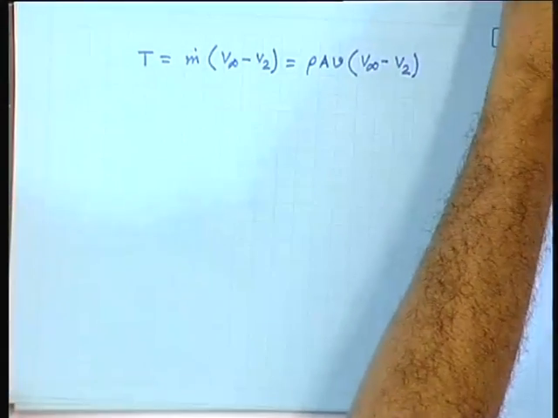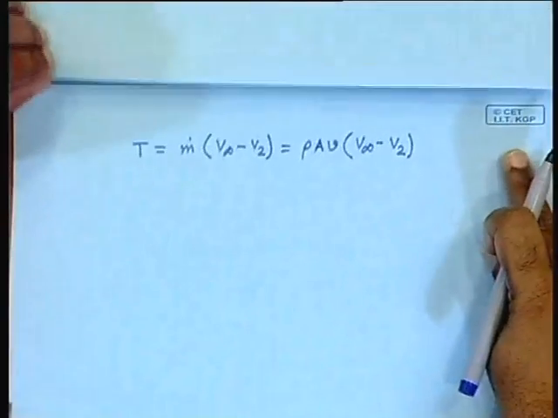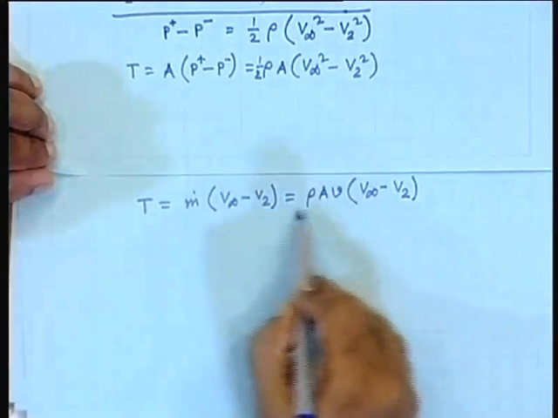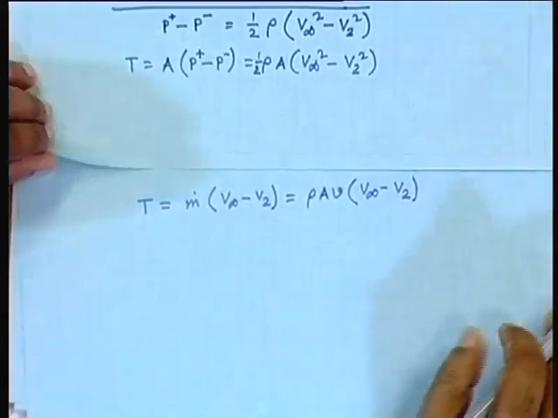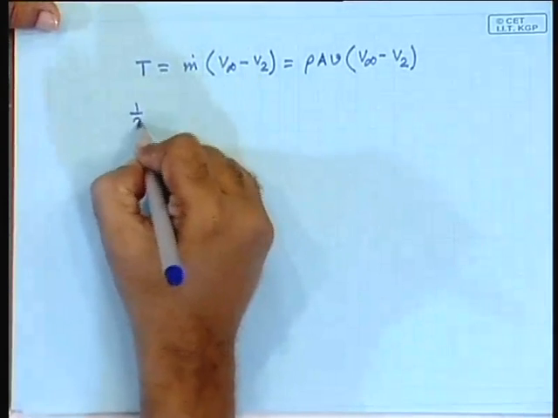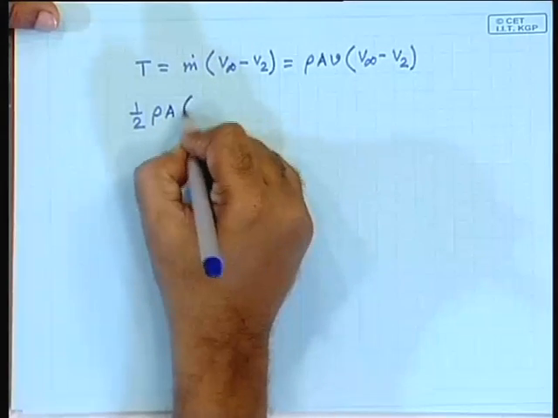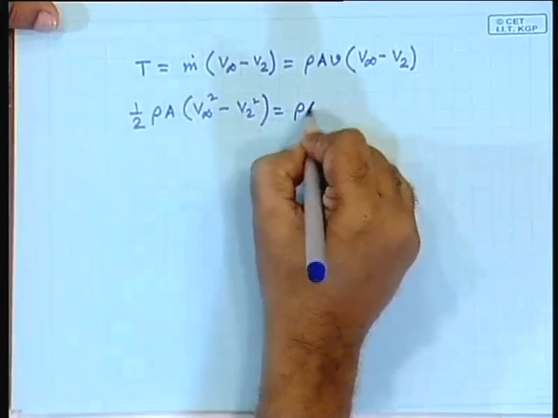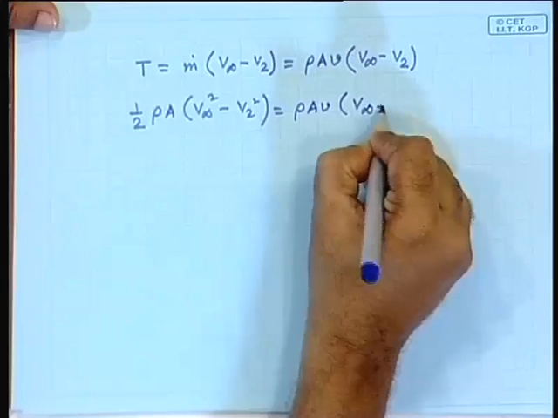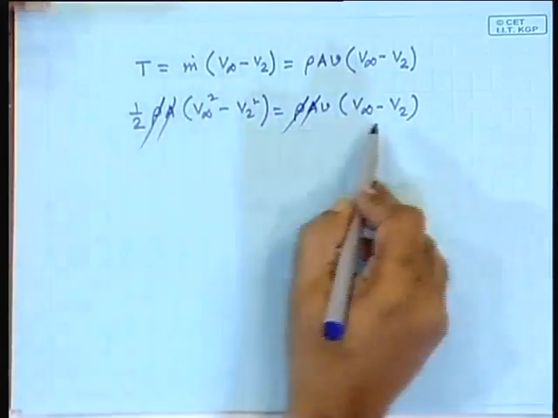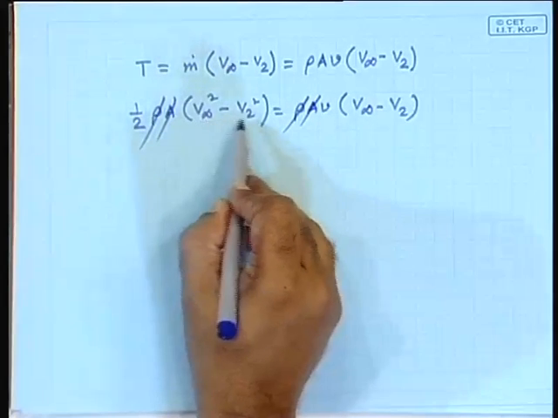Notice that we have obtained one expression for thrust here, and another expression for thrust here, and they should be equal. So, if you equalize them, you immediately get half rho A times V infinity square minus V2 square is equal to rho A small v times V infinity minus V2. Rho A cancels off. This can be broken into V infinity plus V2 and V infinity minus V2, which cancels off.